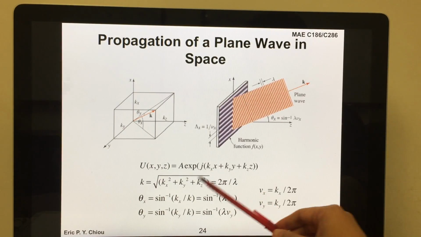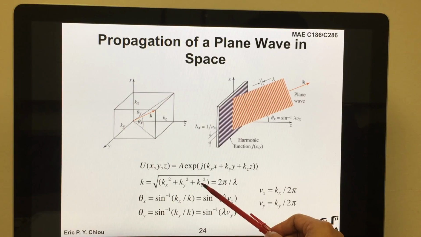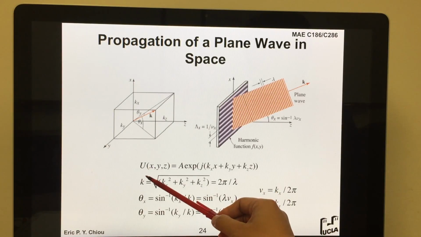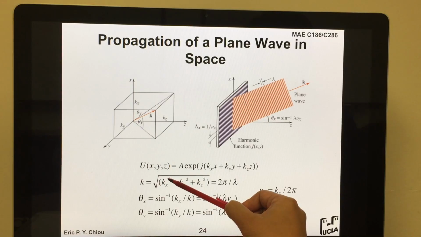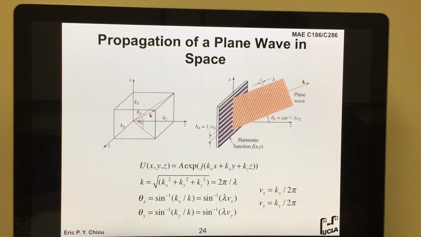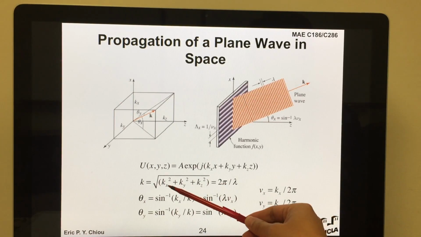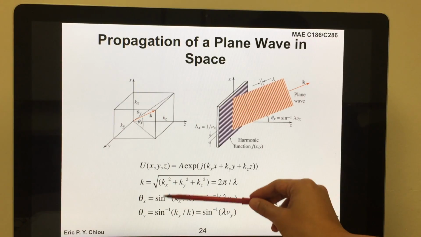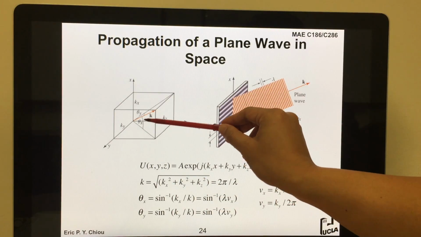So if you want to calculate kz, you take the square root of k squared minus kx squared minus ky squared. That's how you get kz. Now, how do you calculate kx? It is simply done using this sine function here.